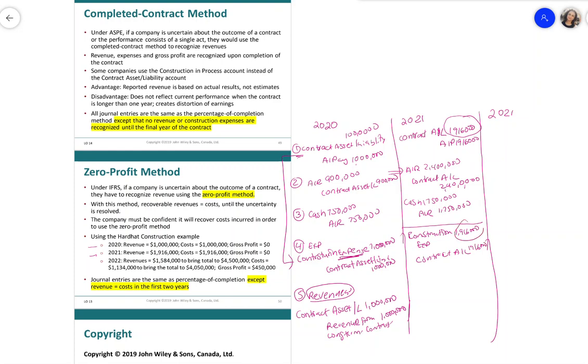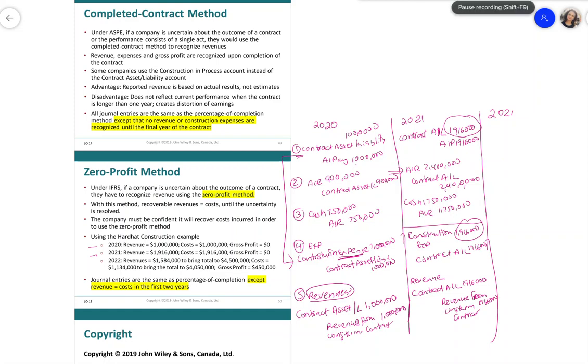So whatever our expenses are, we are allowed to record the revenue for the same amount. Then you're going to debit contract asset / liability, and the credit will be your revenue from long-term contract, and that will be the same amount as your expenses were.